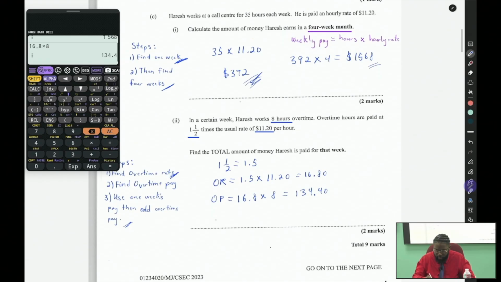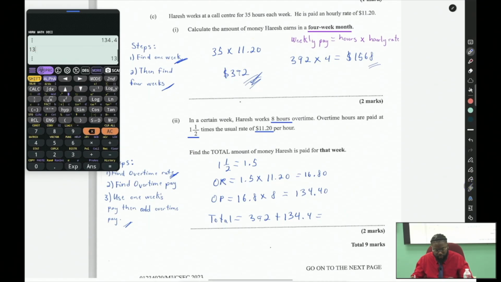So to find the total, we're going to add 392 plus 134.4, which will then give us $526.40.